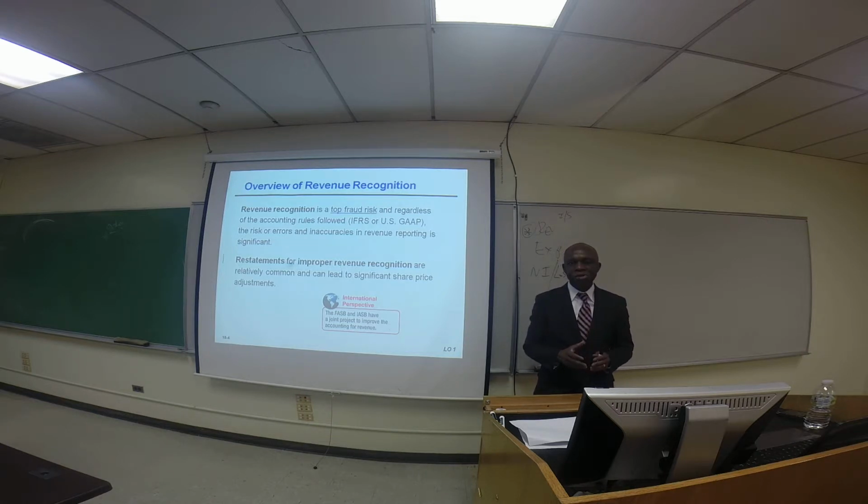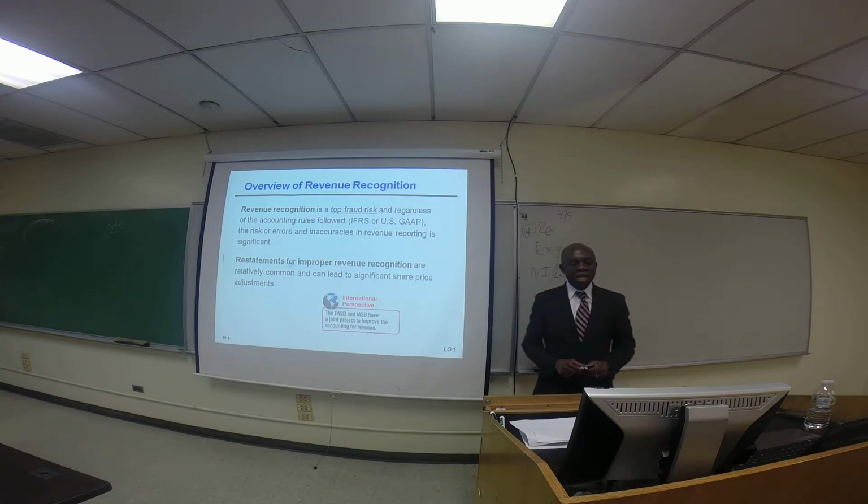Some companies engage in fraudulent activity and force the issue and report revenue inconsistent with the accounting rules in order to meet their selfish ends. But at the same time, there are situations whereby revenue is inappropriately recognized, not intentionally, perhaps because of the complexity of the business model or the complexity of the transaction that the company engaged in.